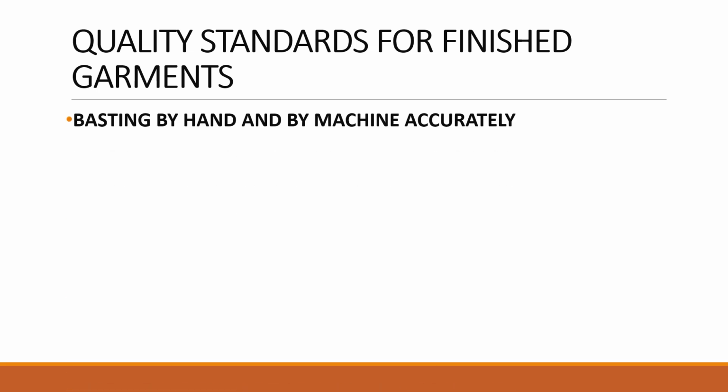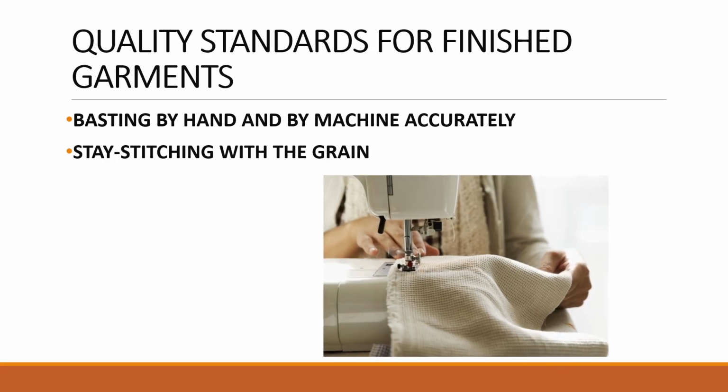Now quality standards of finished products also include basting by hand or by machine accurately, and stitching with the grain, as shown in the figure. Those things are part and parcel of a good quality finished garment. So we must look into it at each and every stage of manufacturing.